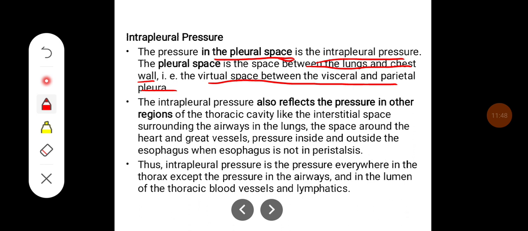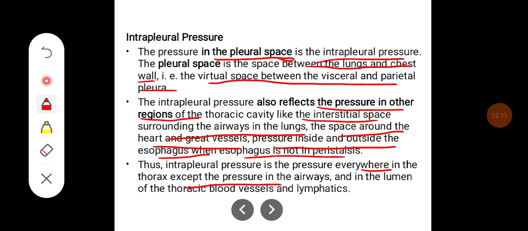The intrapleural pressure also affects the pressure in other regions of the thoracic cavity, like the interstitial space surrounding the airways of the lung, the space around the heart and great vessels, and the pressure inside and outside the esophagus when the esophagus is not in peristalsis. Thus, intrapleural pressure is the pressure everywhere in the thorax except the pressure in the airways and in the lumen of the thoracic blood vessels and lymphatics.